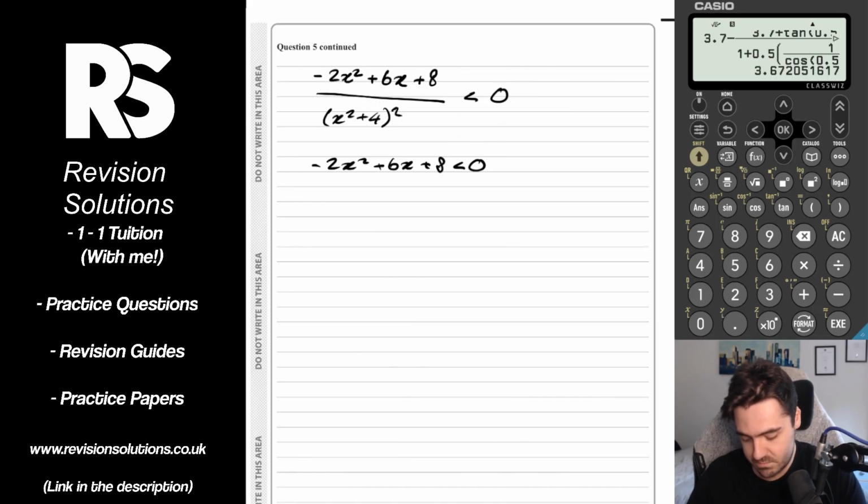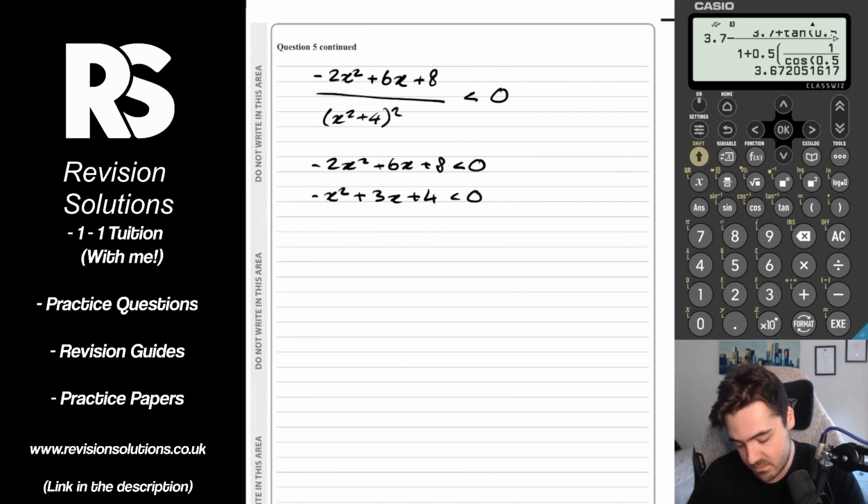So I would always just plot the graph here, but I think I'll make it even easier and simplify, so we can divide everything by 2. So that would be minus x squared plus 3x plus 4. And then I don't really like looking at minus quadratics. I prefer to deal with a positive.